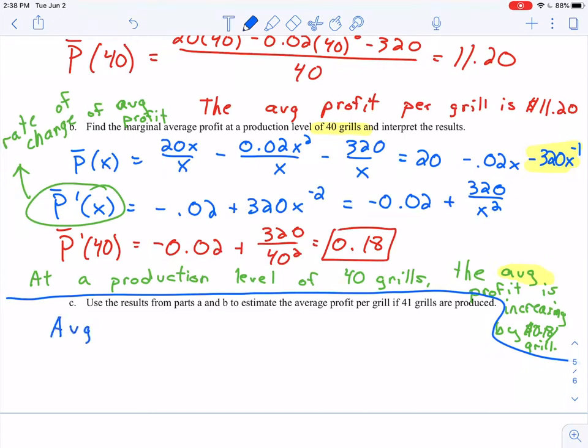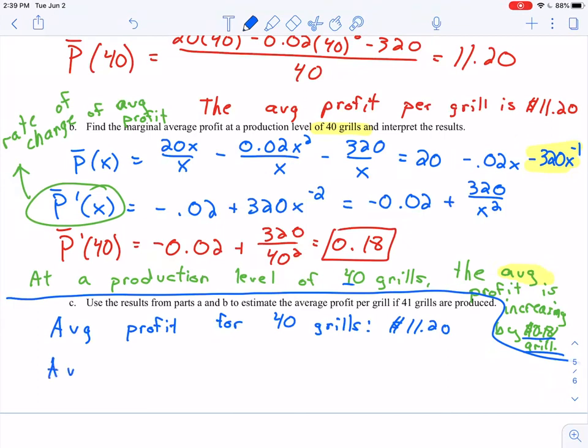The average profit for 40 grills, we found that in part A. We said that was $11.20. We also said in part B that at this production level of 40 grills, the average profit is increasing by $0.18 or 18 cents per grill.